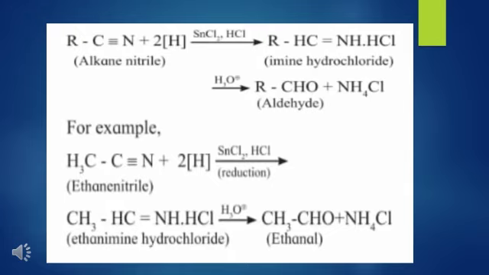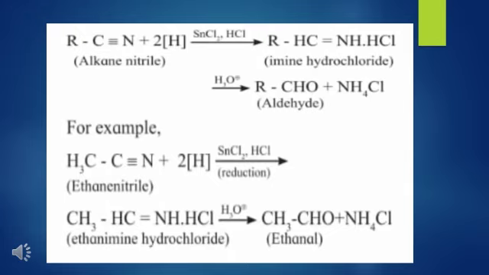This imine hydrochloride is an intermediate product. This intermediate product, after H3O plus, gives R single bond CHO, which is the aldehyde, plus NH4Cl, ammonium chloride.